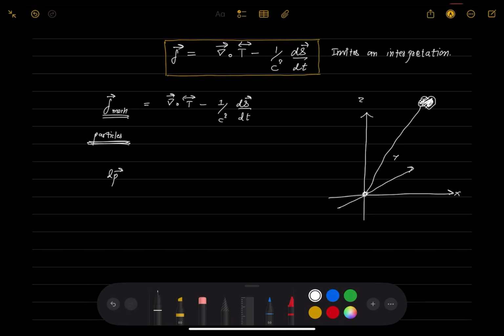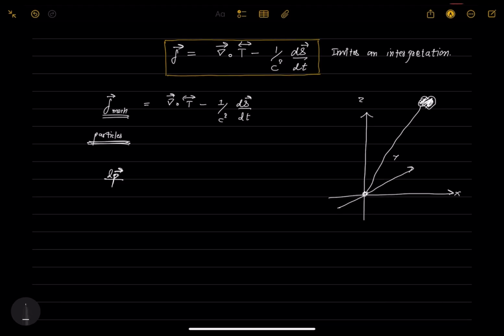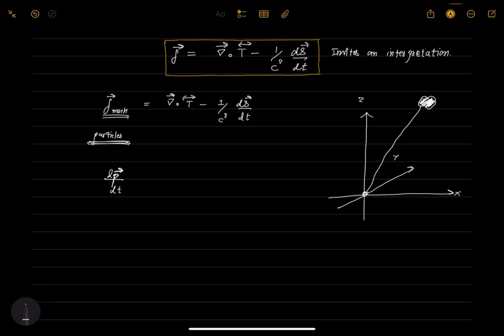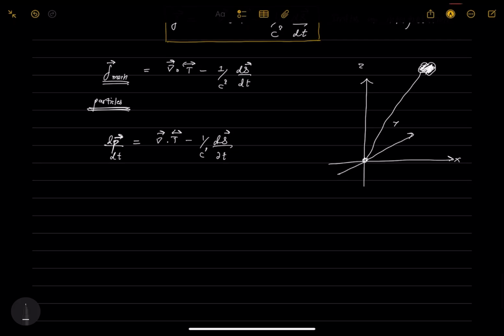So I'll symbolize momentum density with the small p, and actual linear momentum with big P. So the time derivative of the momentum density at this particular location is going to be the divergence of the stress tensor minus 1 over c squared, the time derivative of the Poynting vector. All right, so I'm going to try to write this in terms of the big P now, right?